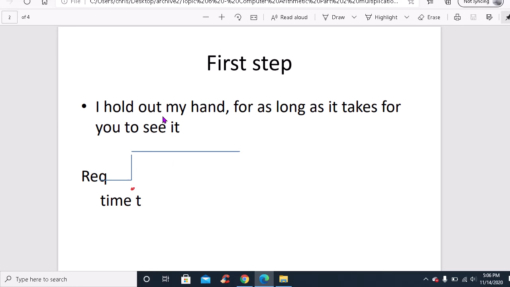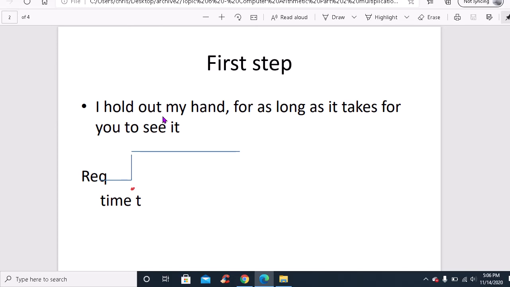So intuitively, I can talk in terms of holding out my hand for as long as it takes for you to see it, because maybe I'm raising my hand and dropping it so quickly that there's no way you could possibly have seen it.